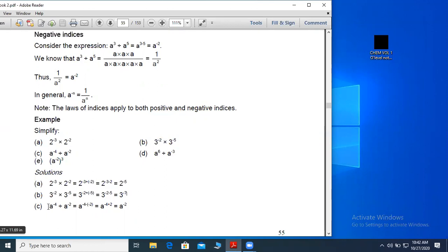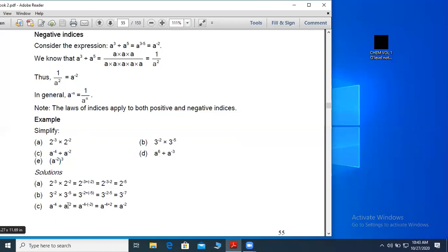We also have 8 power negative 4 divided by 8 power negative 2. What does that give us? The base is the same, as you can see. So we shall write one base and add the powers. Because we are dividing, we subtract the powers.